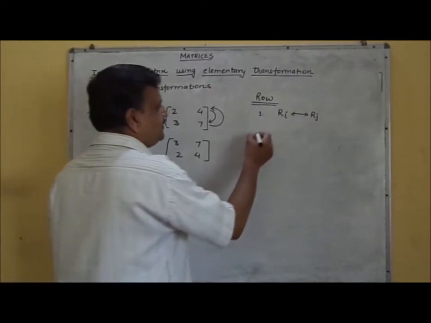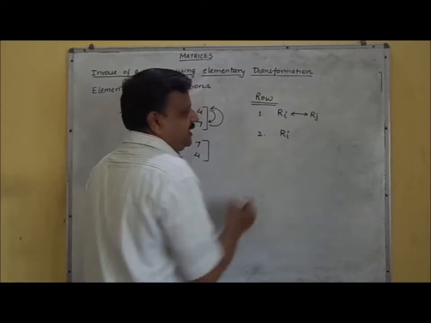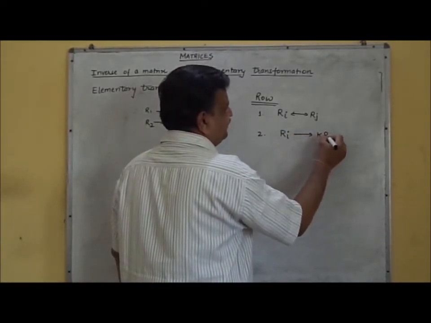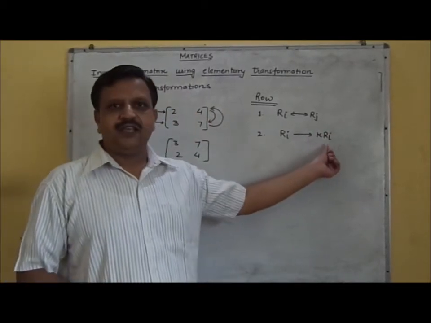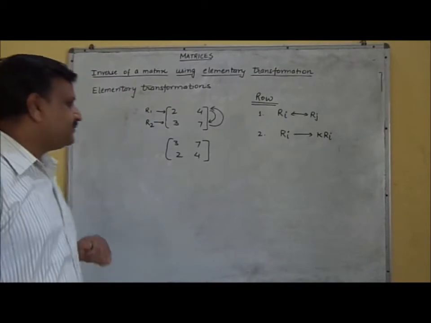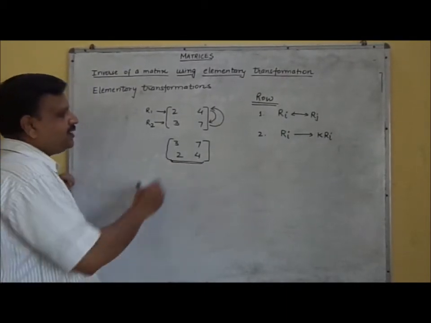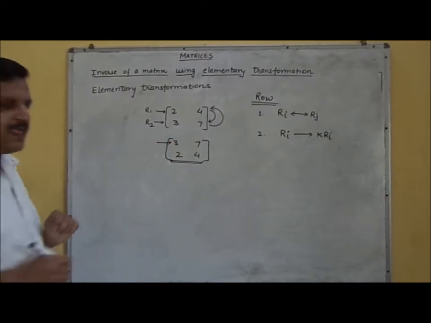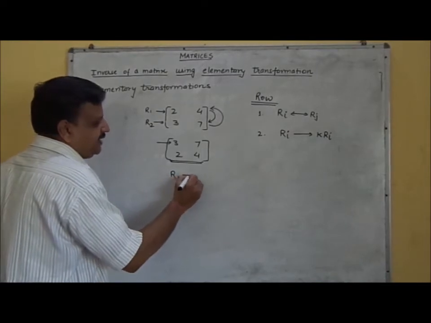Now the second one: we can multiply any row by any scalar k, and that row can be changed as kRi. What does it mean? See this matrix. Let us take the first row. We can multiply this row by any number.